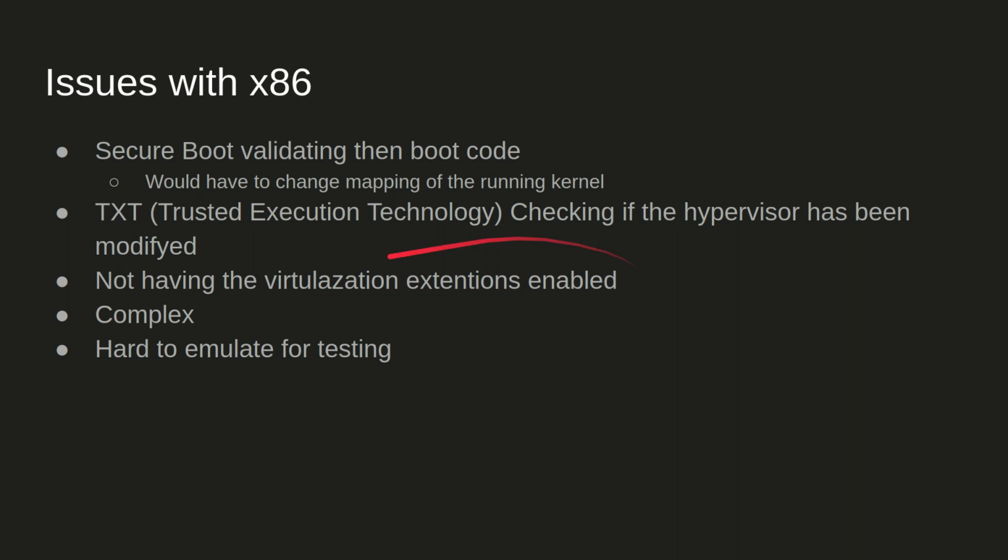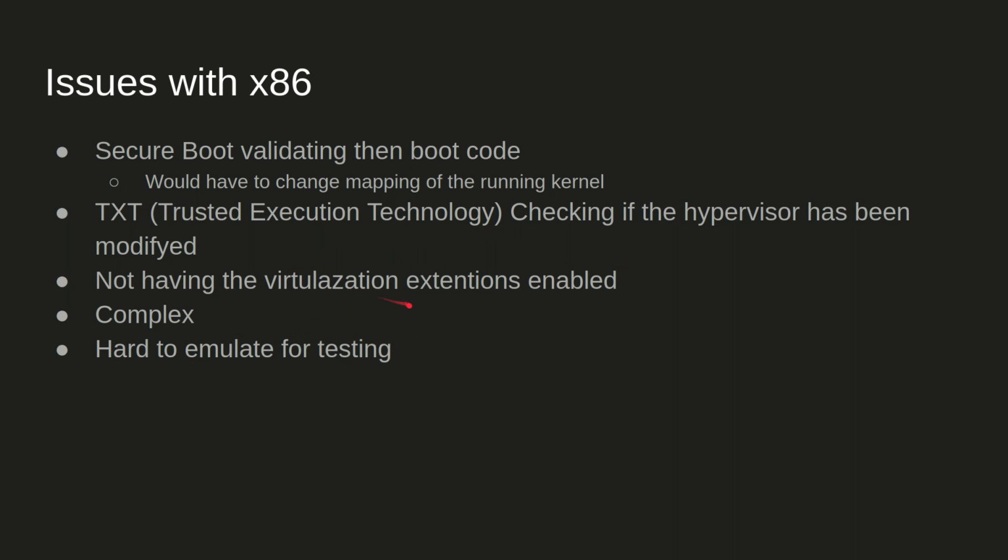The next issue is not having the virtual extension enabled. In x86, you have to physically enable it in the BIOS. So the Intel Engine, and before that, I think it's Ring -2, if I remember correctly, the SMM.